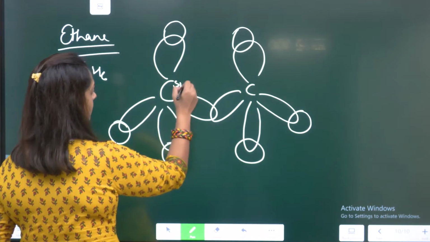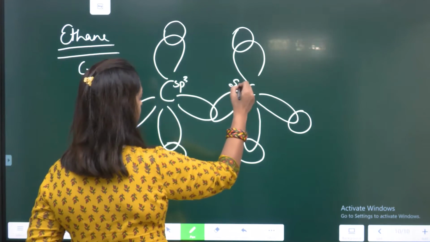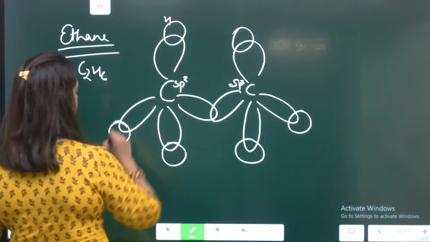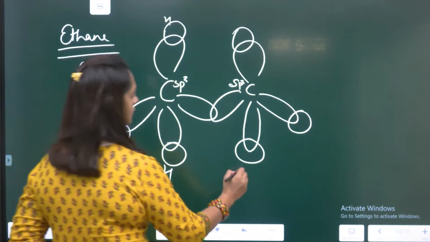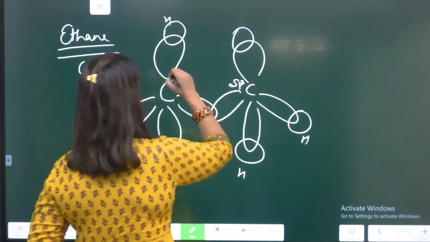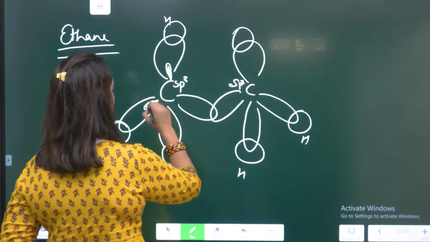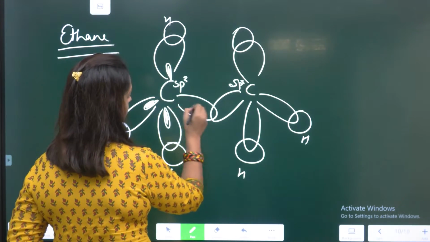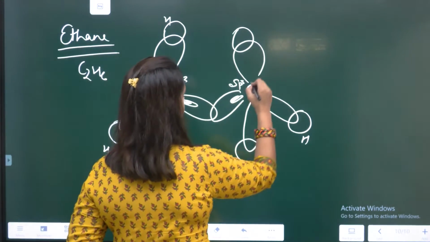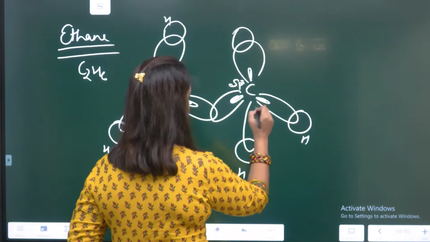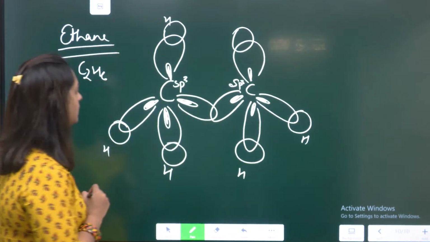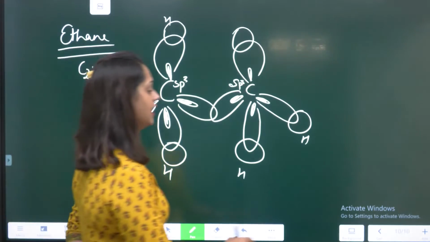So both the carbons are sp3 hybridized over here along with hydrogen, C2H6. Right? This is how it is formed. Clear?